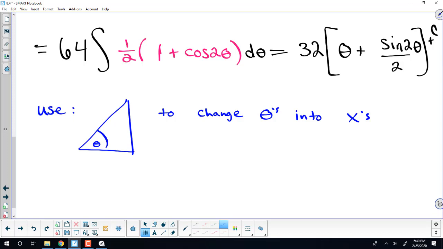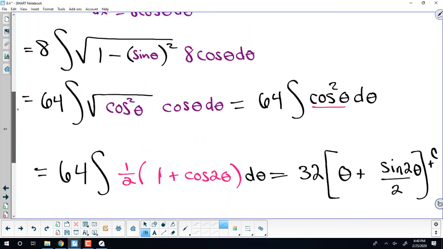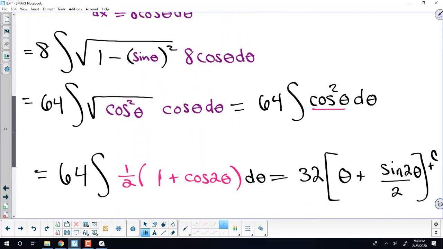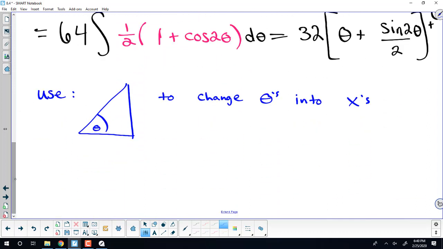So again, in order to do that, we have to go back to our substitution. Our substitution was sine of theta is x over 8. So here's the sine of theta is x over 8. Does that make sense?